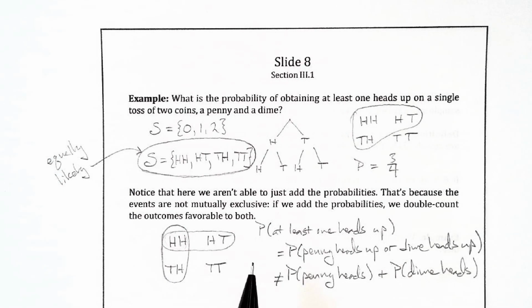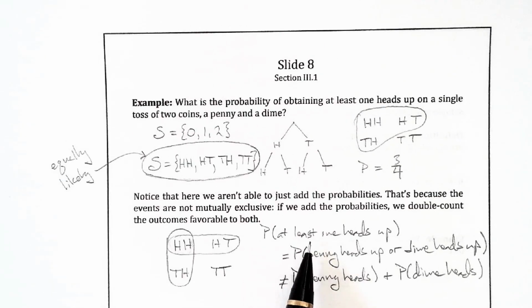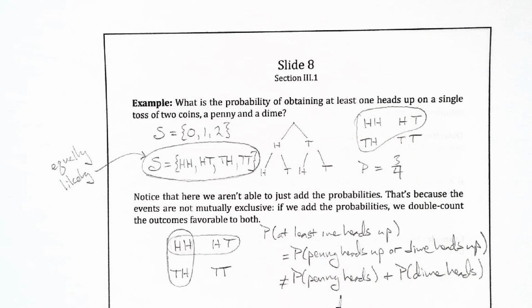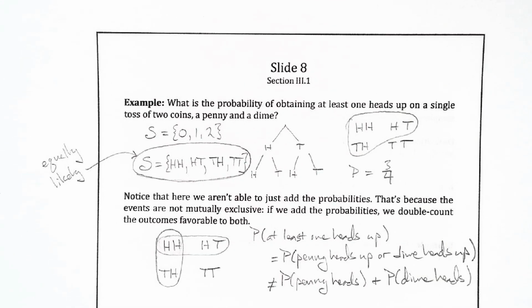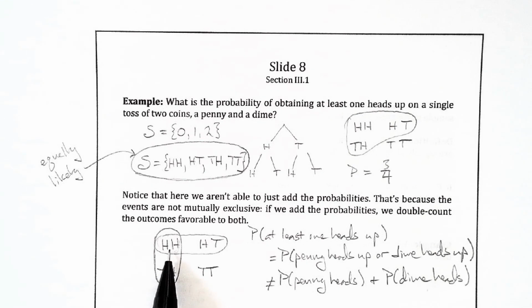And therefore, the probability that one or the other happens is not equal to the sum of the two probabilities. If I thought it was, then this would be 100%, because this is 50%, this is 50%. If I add them together, I get 100%. But we know it's not 100% probability to get at least one heads up. It's 75% probability. And the reason this would be mistaken is because it double counts what they have in common.